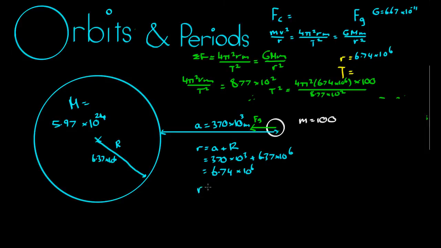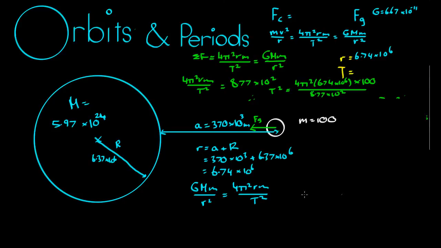So R equals A plus R. We know that the gravity force, GMm on R squared, is equal to 4 pi squared Rm on t squared. We know the value of everything in this formula except for t squared, which is what we want to find. So we're going to try and get t squared by itself.